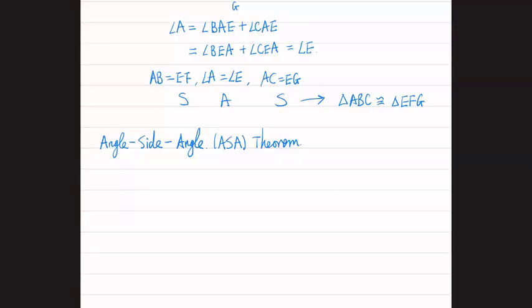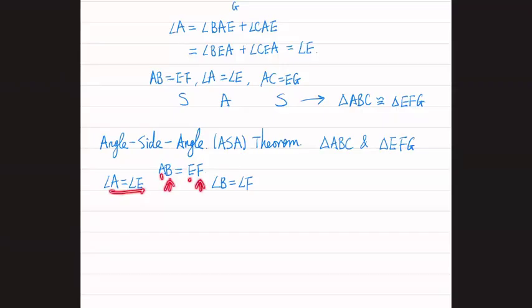Again, we consider the two triangles. Now, the assumption we have is: assume AB and EF have the same length, and the two neighboring angles are equal, so angle A equals angle E and angle B equals angle F. Angle, side, angle.